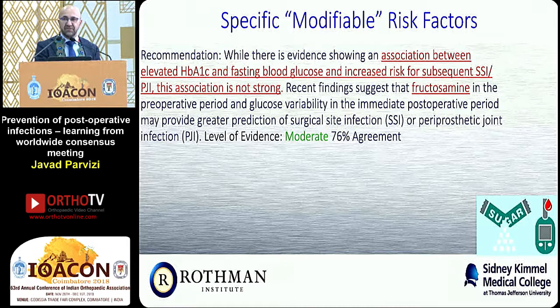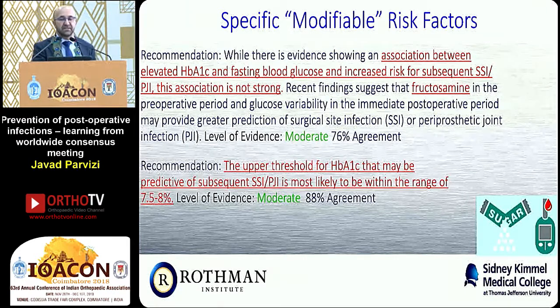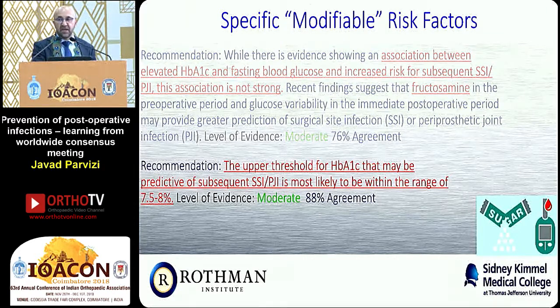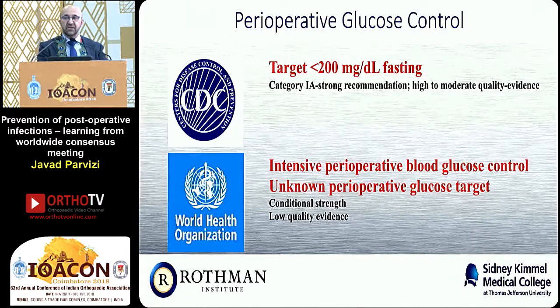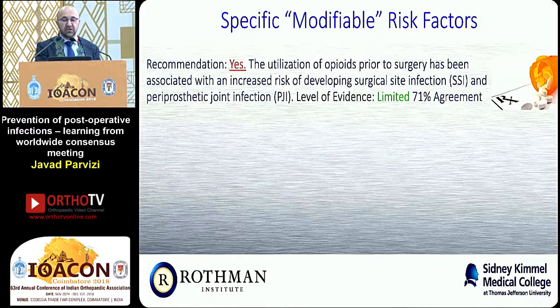But there was 76% agreement that hyperglycemia is a risk factor, and the level for hemoglobin A1C, if you use that as a metric, should be around 7.5 to 8%, and not the 7% as outlined by the American Diabetes Association. CDC recommends that the fasting glucose should be under 200 milligrams per deciliter, and WHO also recommends intensive glycemic control in the perioperative period.